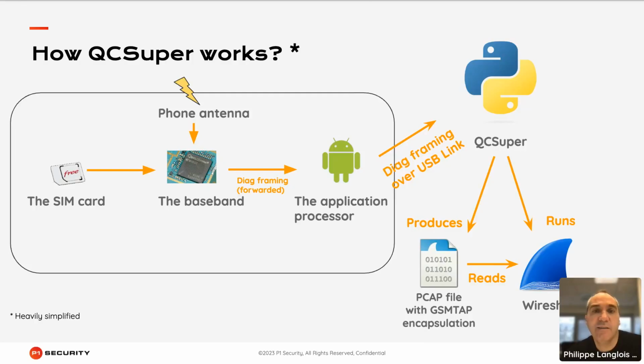And this is copied toward, or read by, the application processor running some software, here our own. And then we send these relevant frames through ADB to the laptop. And then QCSuper runs and produces basically a PCAP file with the GSMTAP encoding, and then Wireshark reads that.